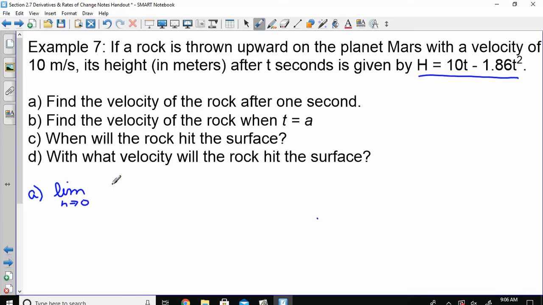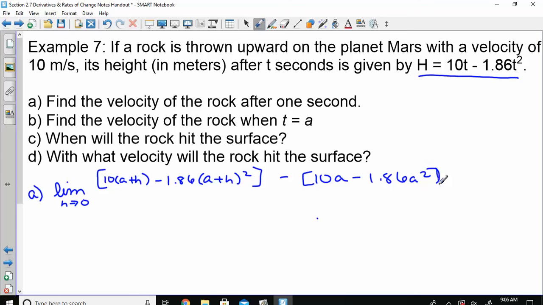We preferred the limit as h approaches 0 of f of a plus h, so you plug in a plus h for all of your t's in this case, minus f of a, so you just plug in an a, all over h. In this section, we really just end up doing a lot of algebra.